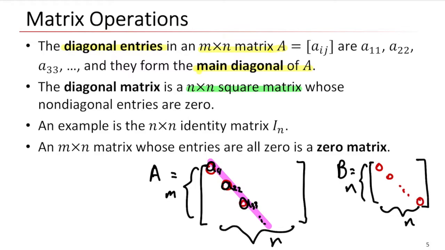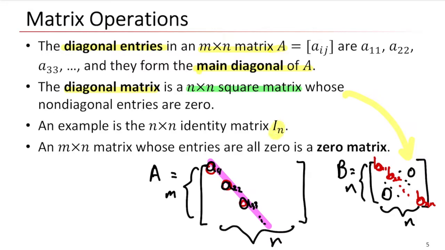Let's say these are P11, P22, up to Pnn. And then there are all zeros elsewhere. In this case, this matrix is called a diagonal matrix. This is also easy, right? An example of an n by n diagonal matrix is the n by n identity matrix.